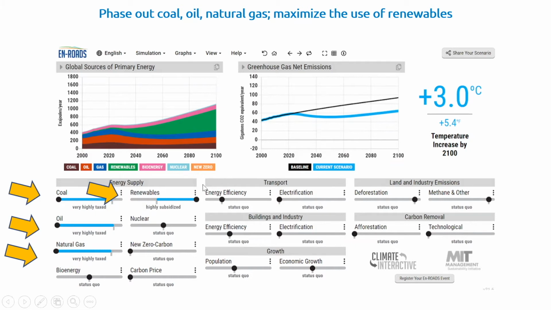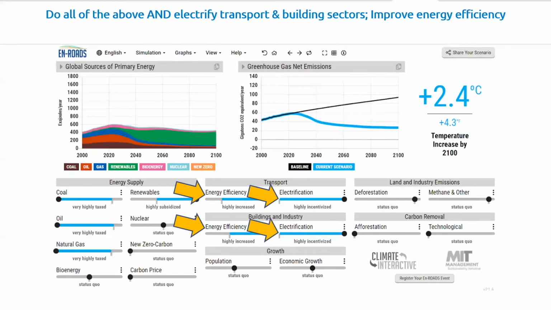So let's do that. What I want you to do is keep your eye on the left-hand side at our energy mix and see what happens as we improve energy efficiency and electrify. The amount of energy that we need comes down really substantially. So it's clear that these are great efforts to institute. Our emissions have come down significantly.